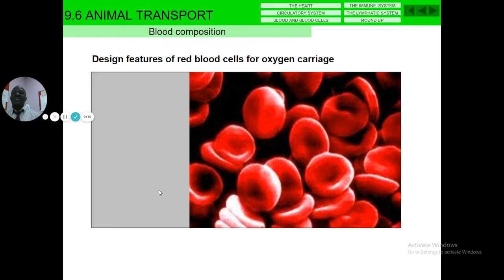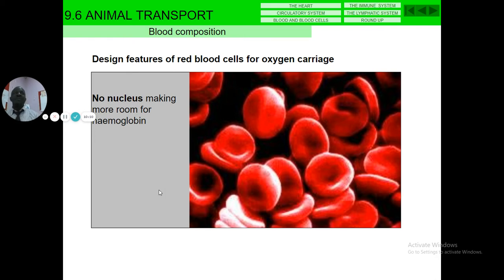So we have design features of red blood cells for oxygen carriage. How are red blood cells adapted to carrying oxygen? Number one, they lack a nucleus when mature, making more room for hemoglobin.